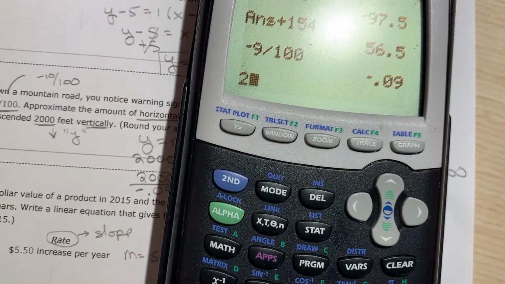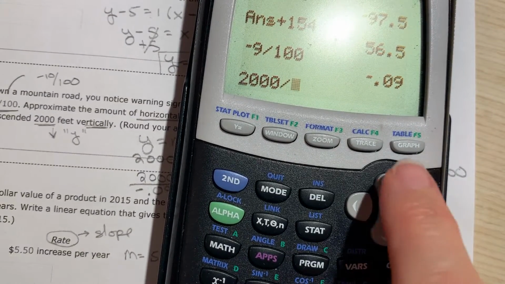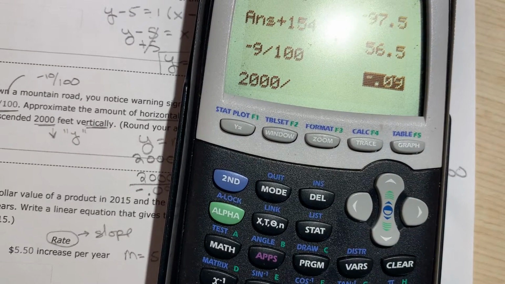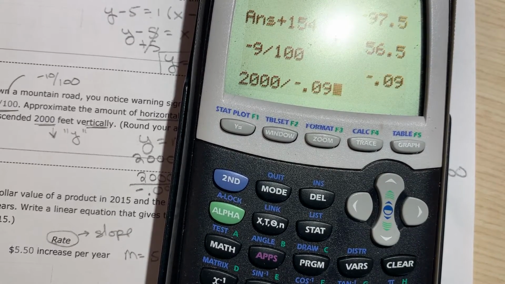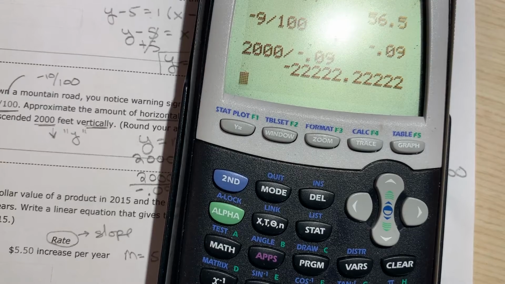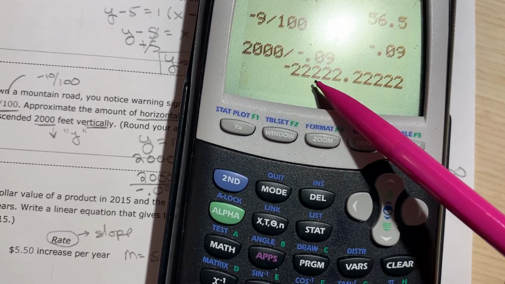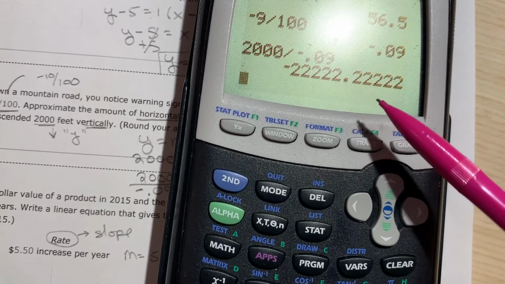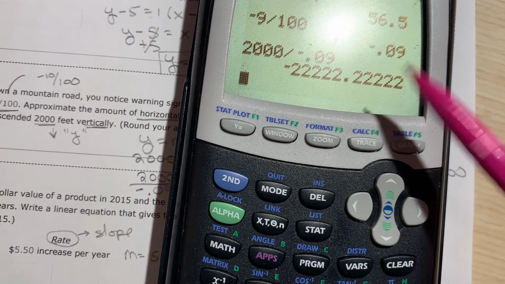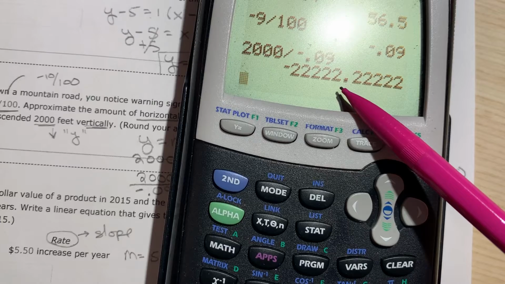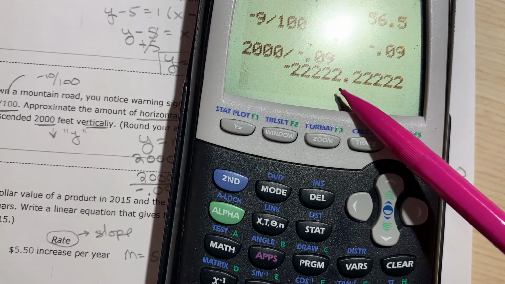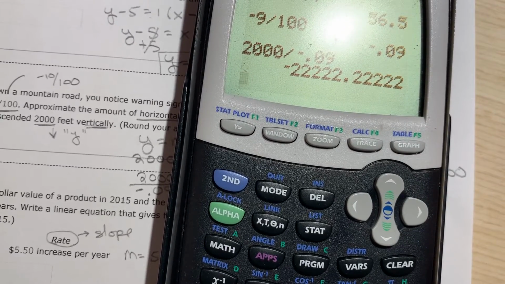So 2,000 divided by, I'm just going to go up and grab that number, equals -22,222. So that is my elevation. There's another problem.